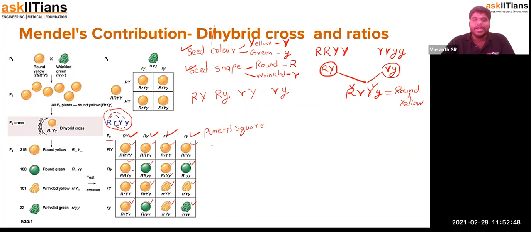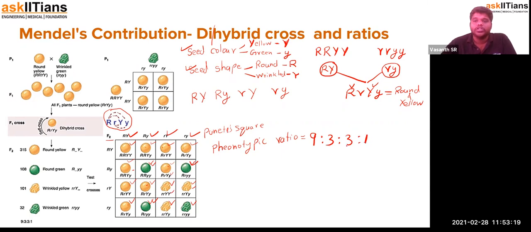So for the expression of the characteristics, the phenotypic ratio would be 9 round yellow, then round green 1, 2, 3, that will be 3, and wrinkled yellow, 1, 2, 3, that will be 3, and the last one, wrinkled green, will be only 1.